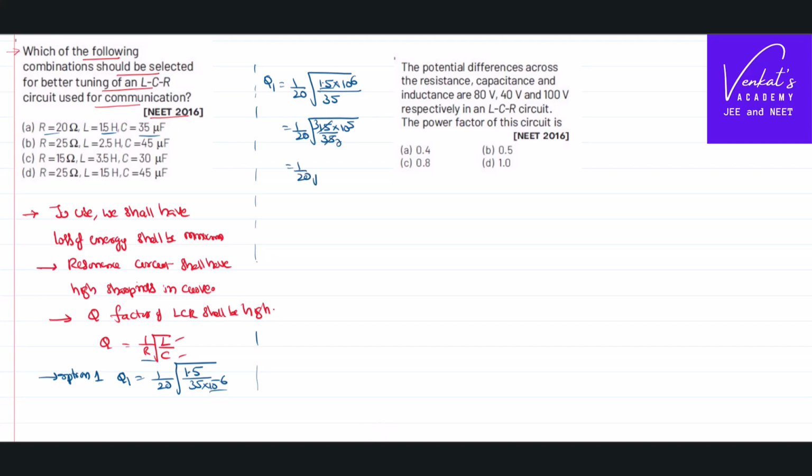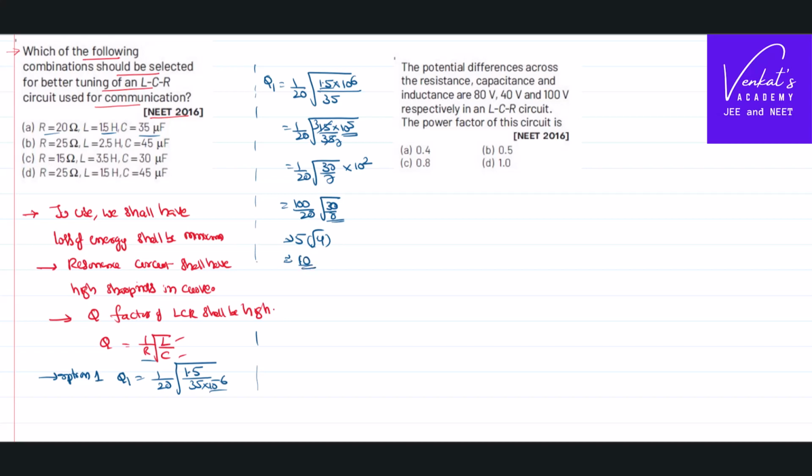So, 1 by 20 square root of 30 by 7 into 10 power 4; under the square root it becomes 10 power 2. That becomes 100 by 20 root 30 by 7. 100 by 20 is 5. 30 by 7 is a little more than 4, so I am writing approximately 4 under the square root. So, that becomes close to 10.